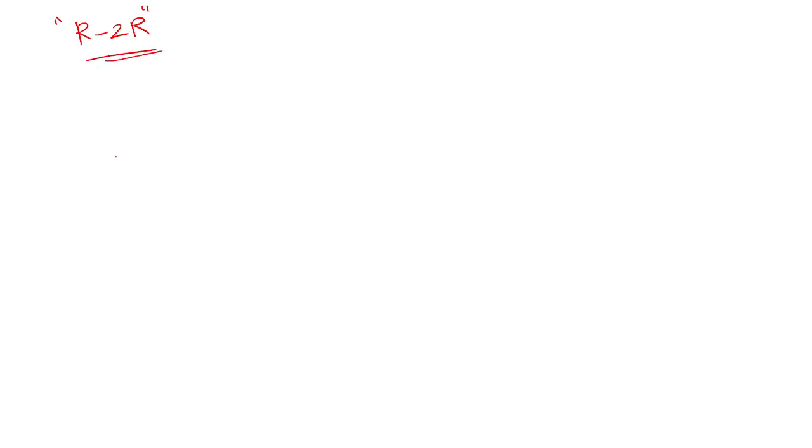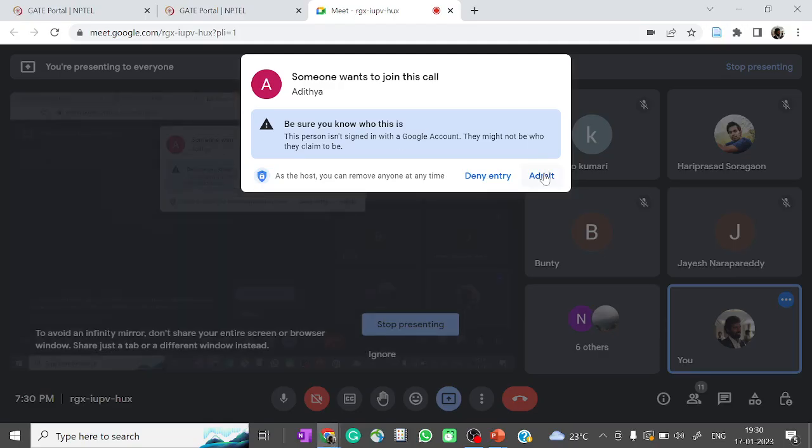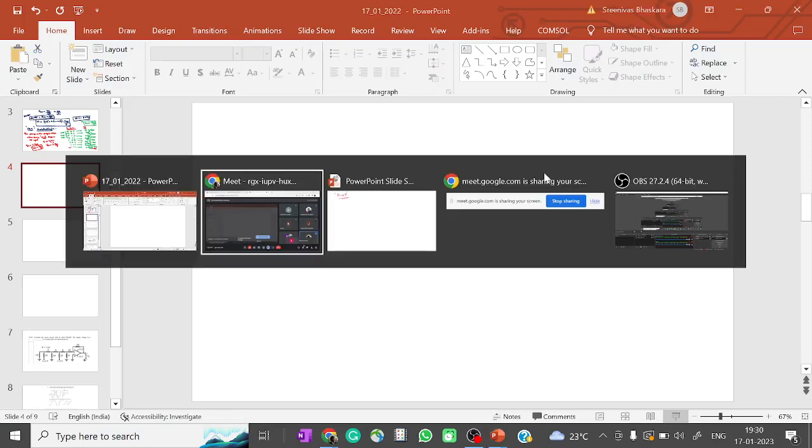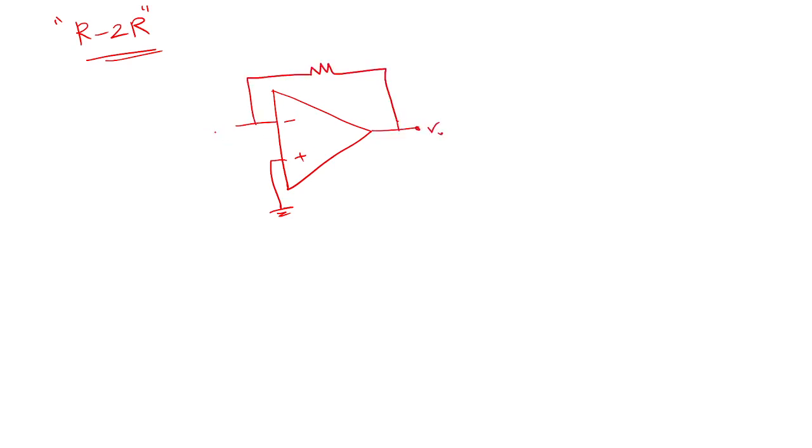So the name itself says that, let's say you have this op amp again connected in a similar way. Then you have a resistor, V0.